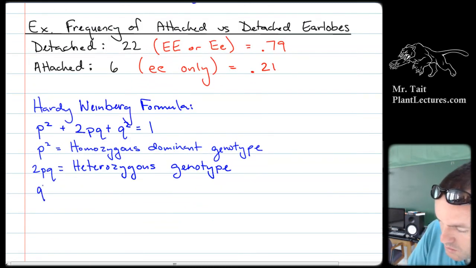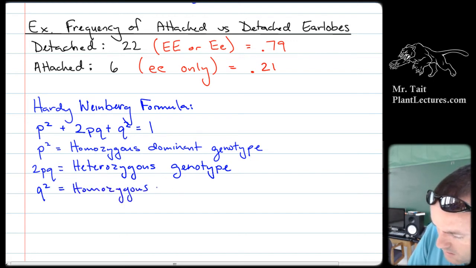And then q squared is equal to the homozygous recessive genotype.